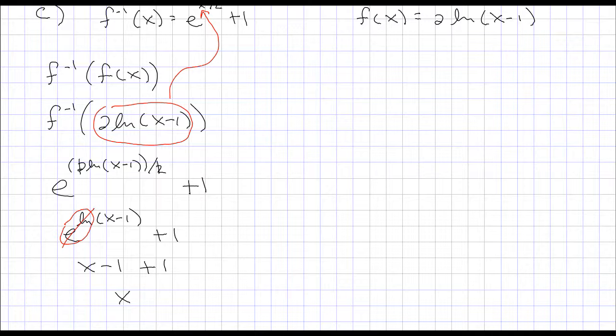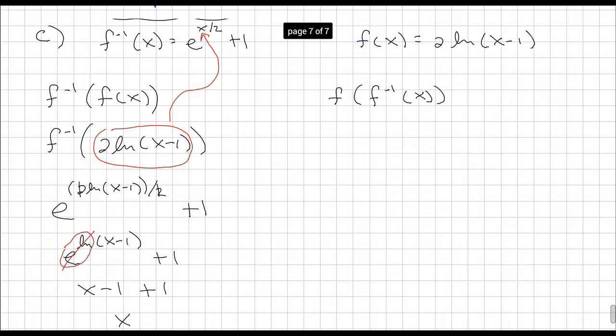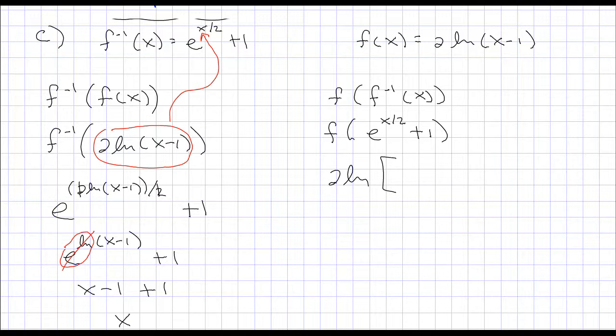Now we want to do f of f inverse of x. f inverse is e to the x over 2 plus 1, and I'm going to take that and plug it into f of x. So it's going to read 2 ln of e to the x over 2 plus 1, minus the 1.